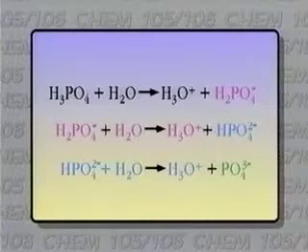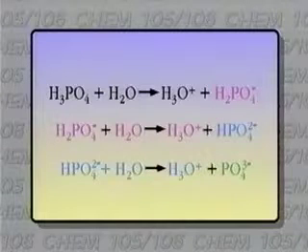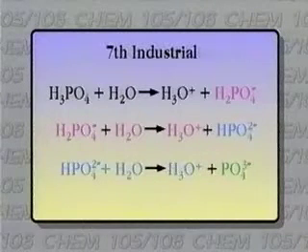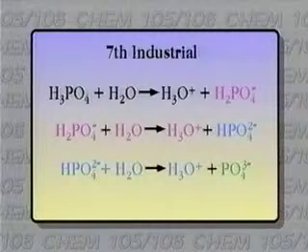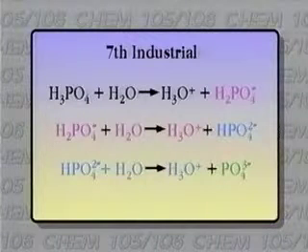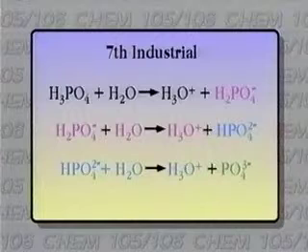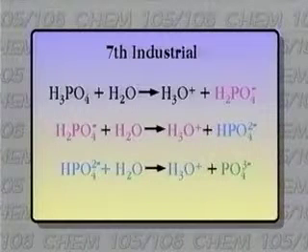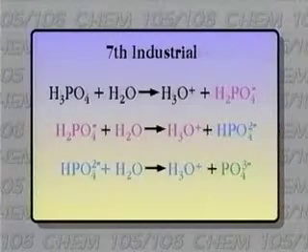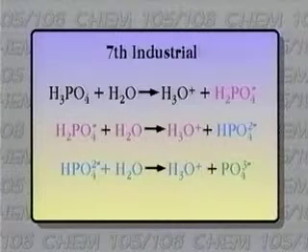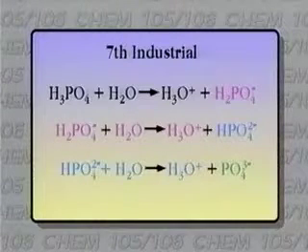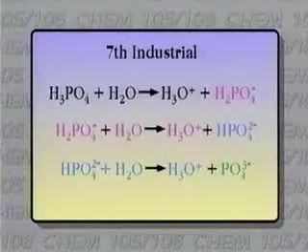Now, phosphoric acid itself is the 7th most, well, I don't know if we would say important, but certainly from productivity, the 7th most important industrial chemical. I think we've mentioned the one that was number 1 previously, which is sulfuric acid.